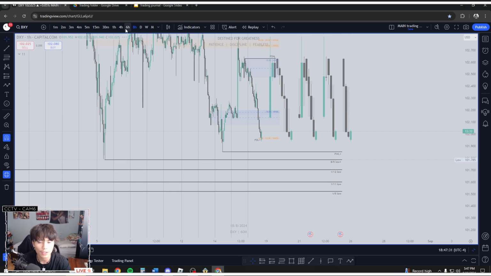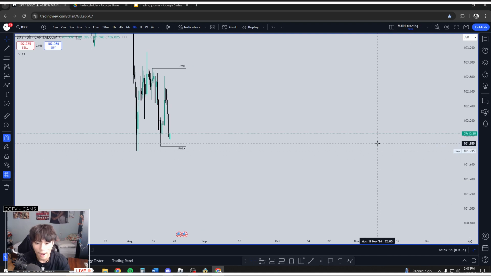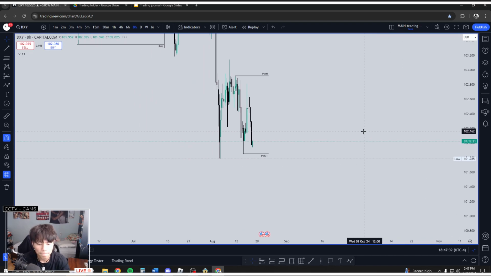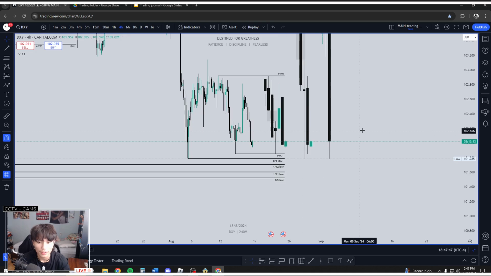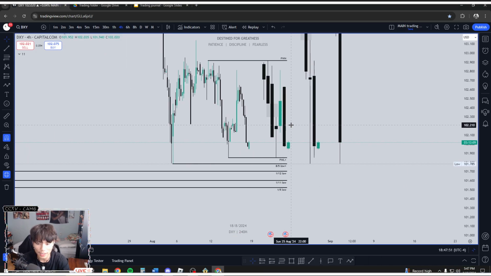Yeah, I want to see if we have created a daily fair value gap here in the dollar or not. I don't believe so. Let's see. I don't know why my charts are so slow. So it doesn't look like we did create a daily fair value gap, but we did actually close below a daily SIBI right here.